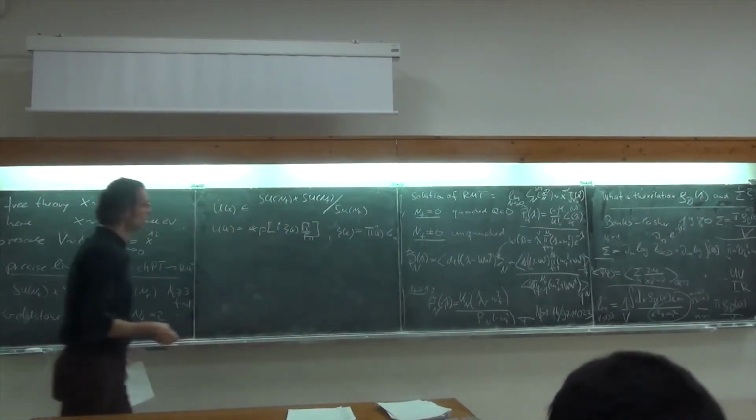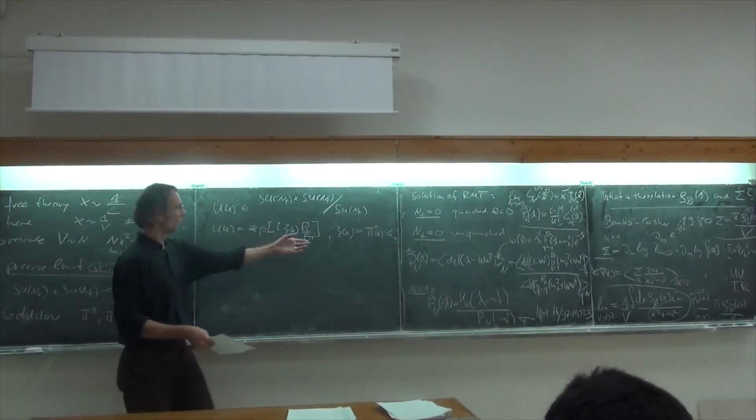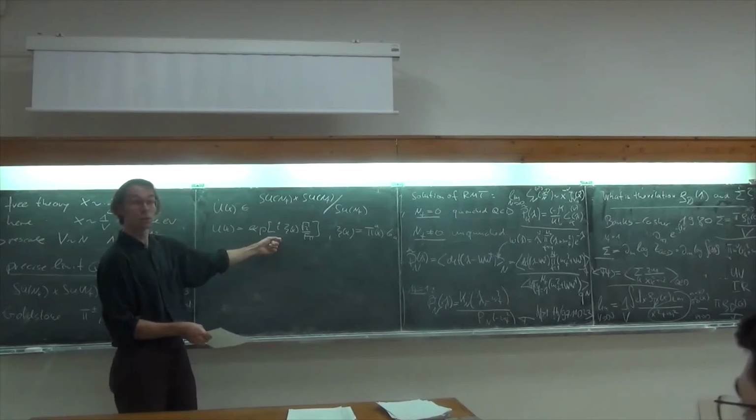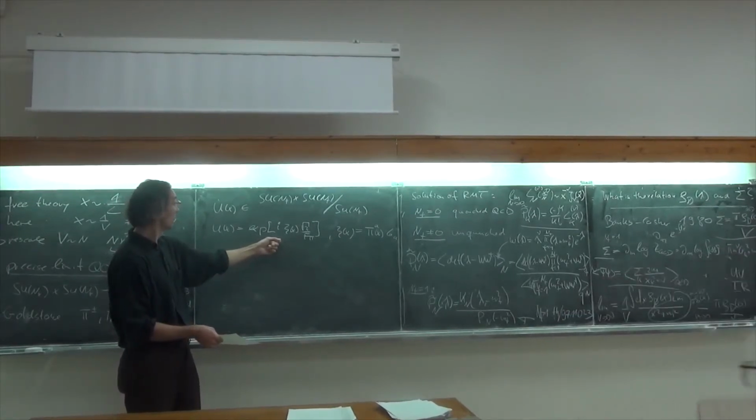These are Hermitian fields. This gives a unitary matrix that is a representation of SU(N).